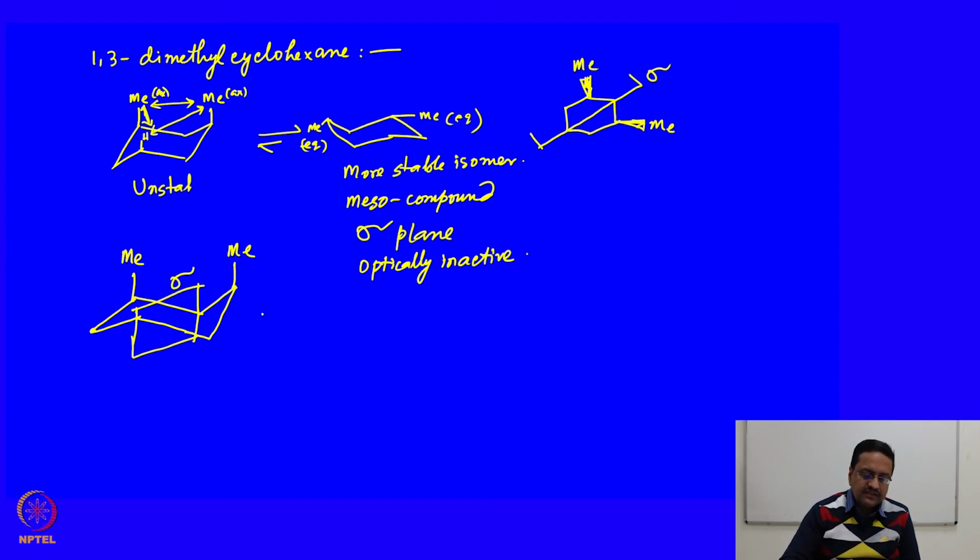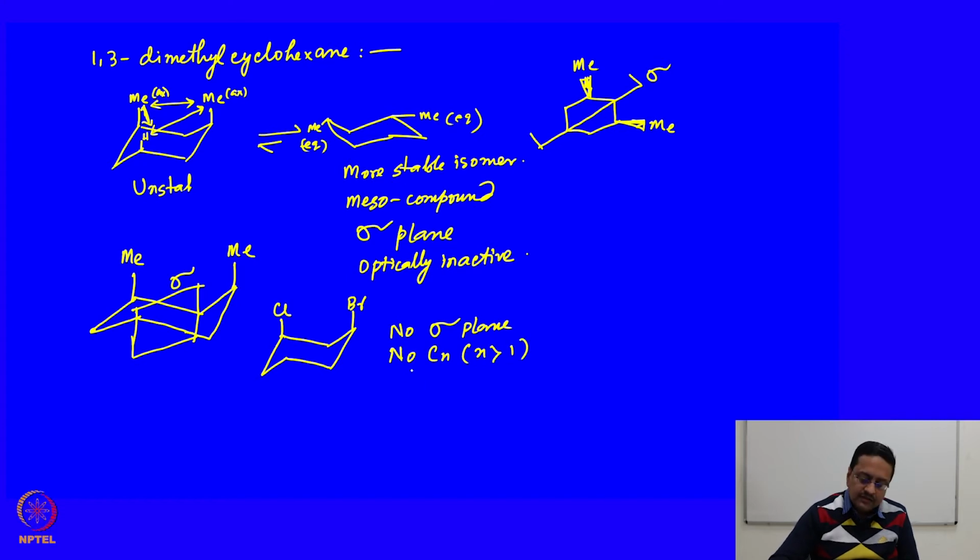But when the substituents are different, suppose you have a bromo and chloro substitution, then there is no sigma plane and no Cn where n is greater than 1.